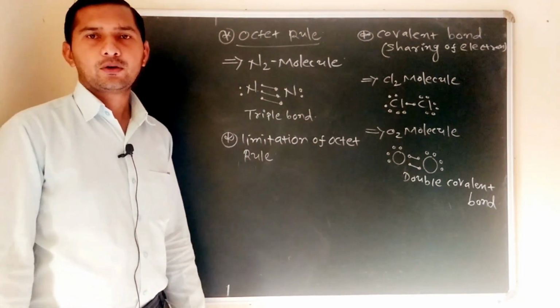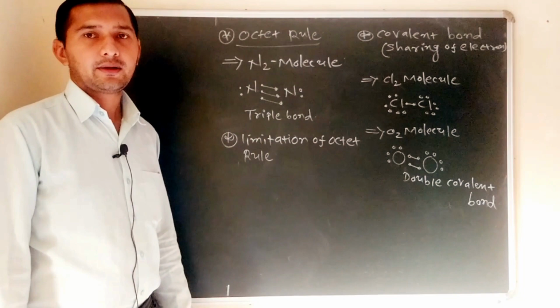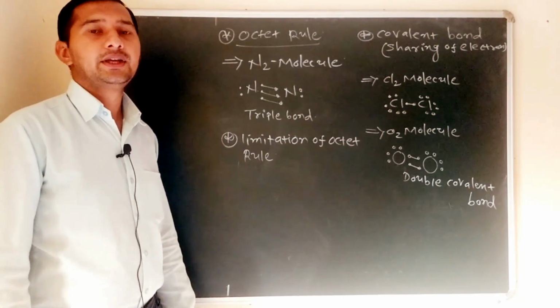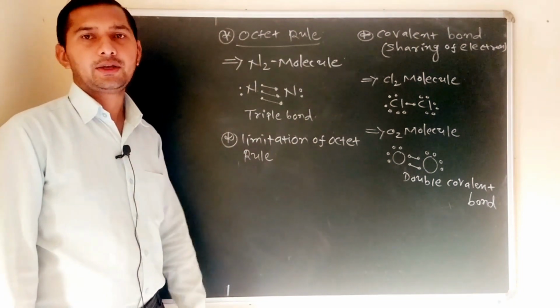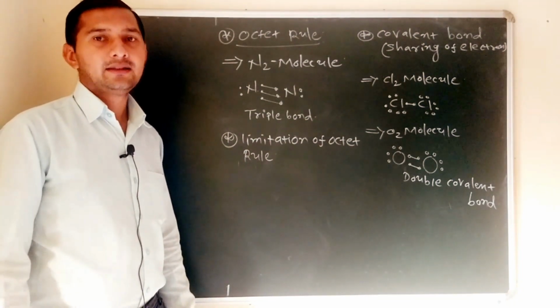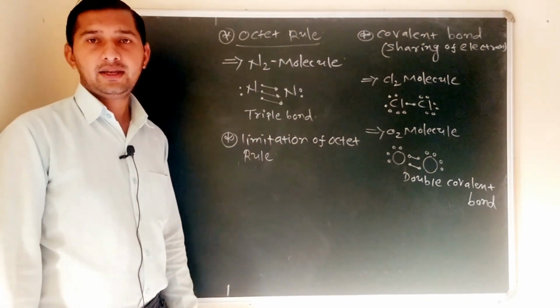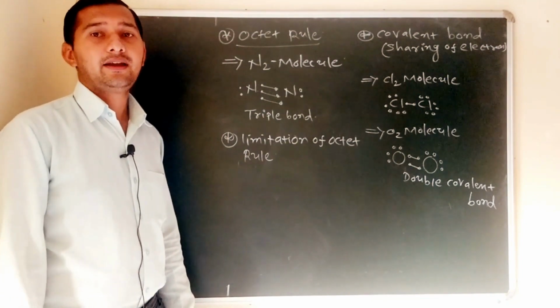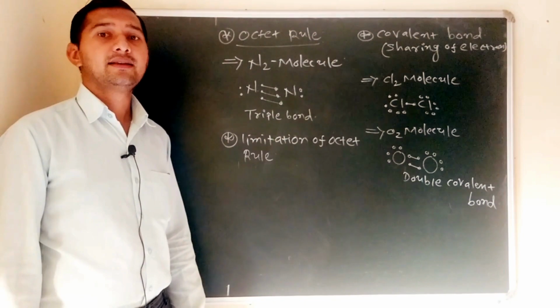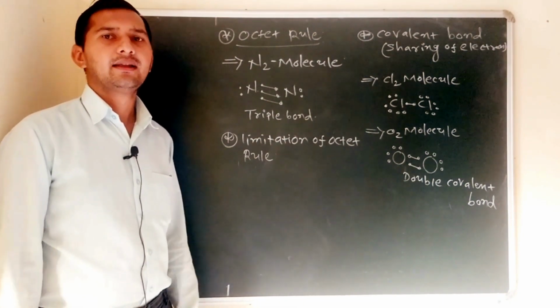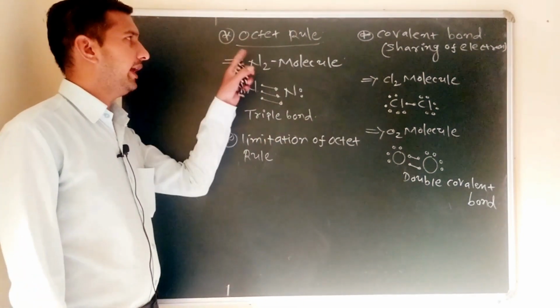In certain cases, certain molecules are stable, but even if we see the electronic configuration of individual atoms in the given molecule, then either more than 8 valence electrons are seen, or sometimes less than 8 electrons, or sometimes odd electrons are also seen in the stable molecule. So these are the limitations of the octet rule.